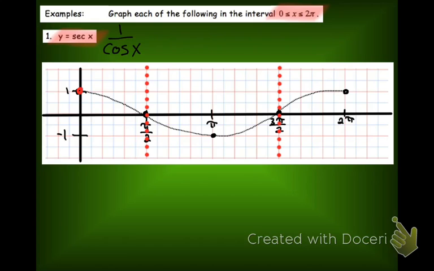So this point at 1 is going to stay the same, and so is this one over here. This one at negative 1 in the middle is also going to stay the same. But now, instead of curving down, this piece is actually going to curve up towards that asymptote, just like this other at the end over here is going to do the same thing.